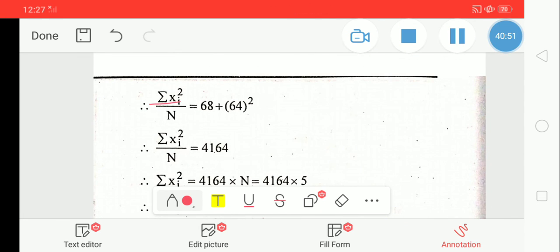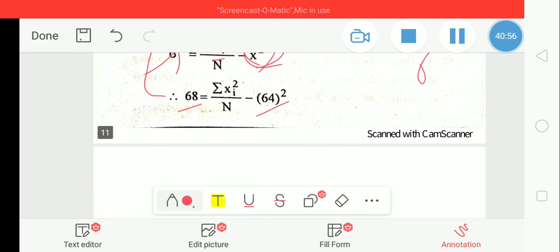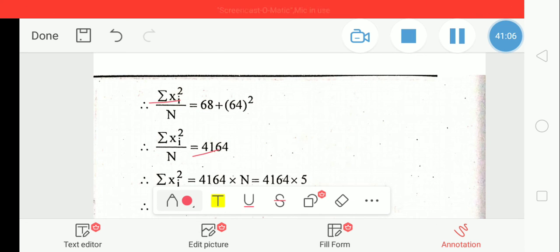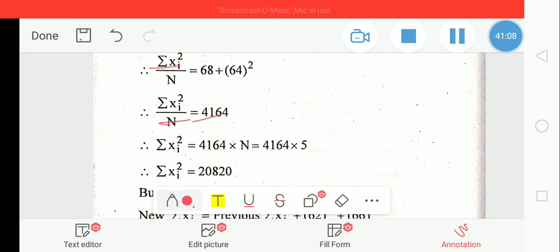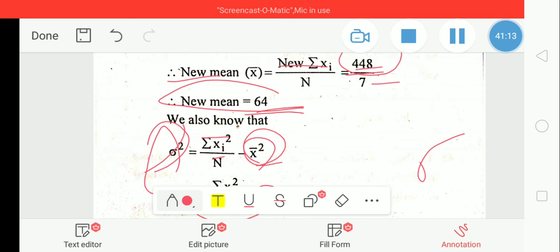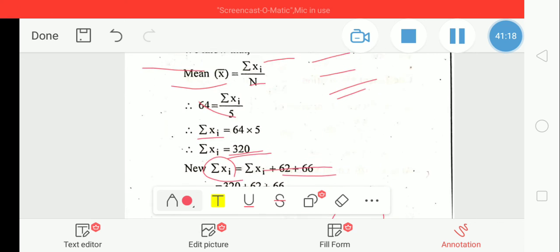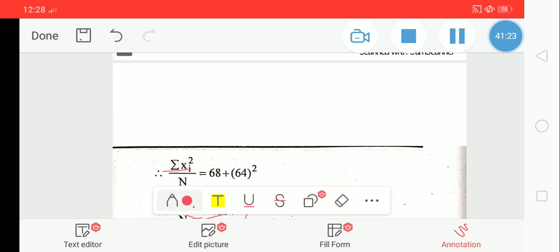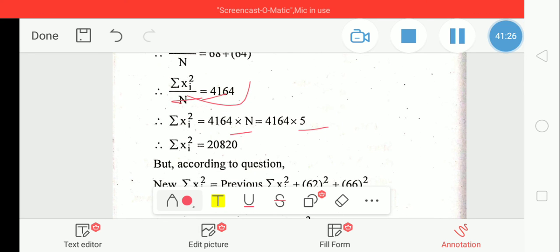So now xi square divided by n, and since the minus goes to the opposite side, it becomes plus: 68 plus 64 square, that is 1164, and 5 goes to the opposite side, so we multiply. Here we took the variance of 5 terms, means 5 items, so n is 5, so multiply by 5.